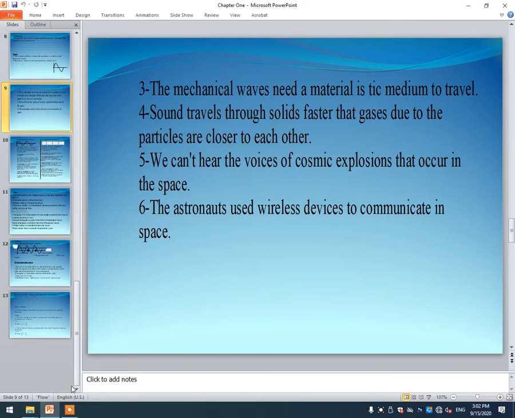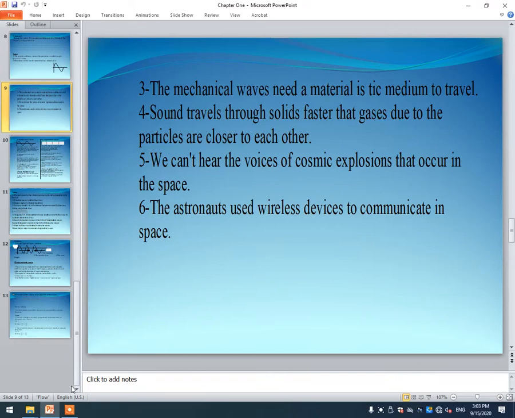Okay, let us discuss this part together. The sound wave can propagate through the media. This means sound wave can propagate through air and can propagate through liquids and also can propagate through solids.